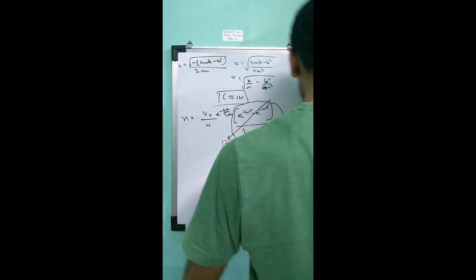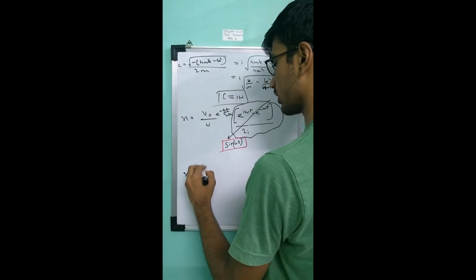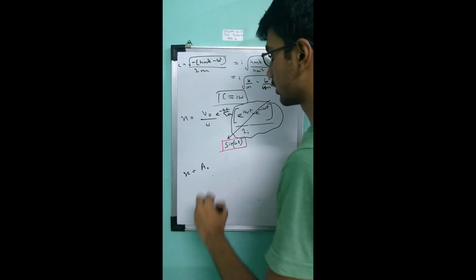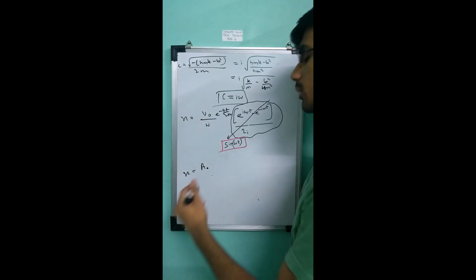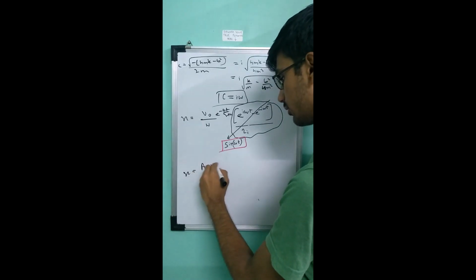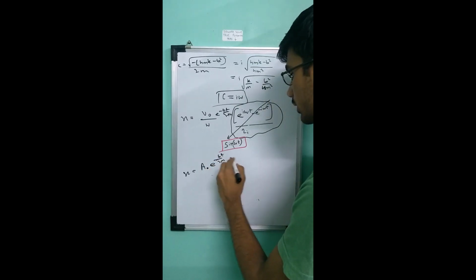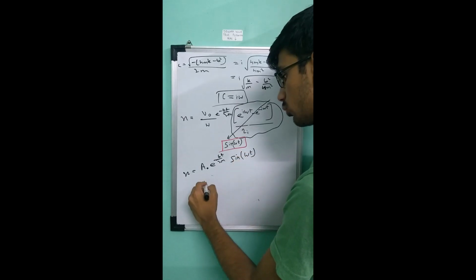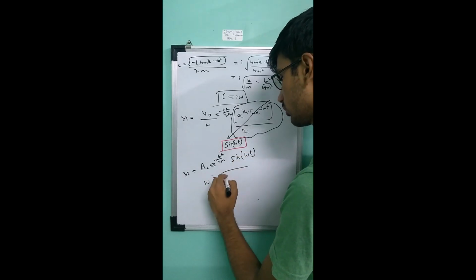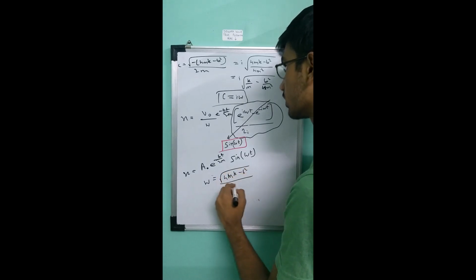I can write x, v0 by omega is a0. A0 is amplitude, the initial possible amplitude you can say. X is a0 e to the power minus bt by 2m into sine omega t, where omega is root of 4mk minus b square by 2m.